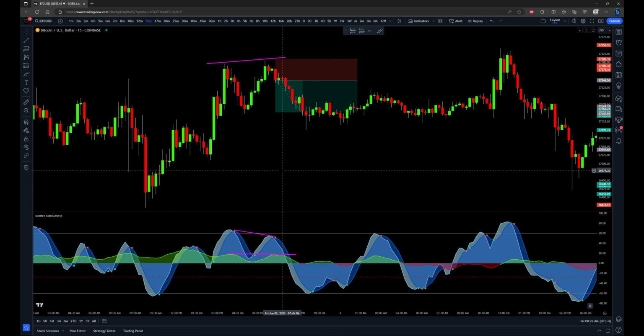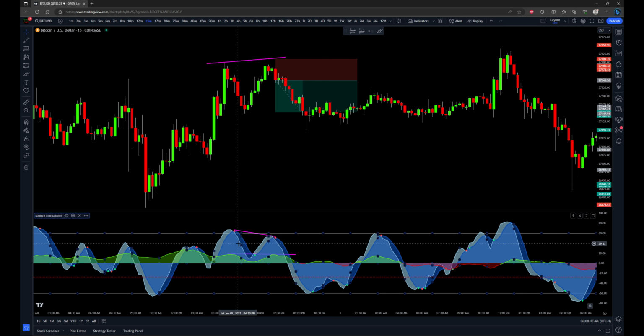And the rules for this strategy for entering a short position are, first, we do need to see that we have the blue waves come up into the overbought territory, okay? So above this upper line here, and that's the 60 level. Overbought territory, blue waves. Next thing we need to see is green waves, regular bearish divergence, okay?